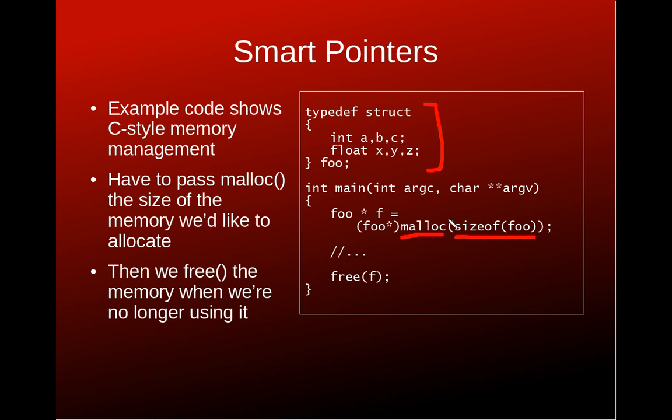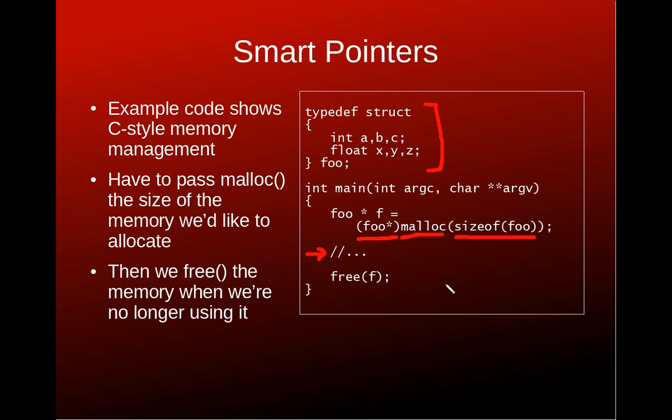And then malloc goes off and allocates that memory. It will return a void star pointing to that memory, so we have to cast it to a pointer type for our object. So then we have some calculation or operation involving our object, and then once we're no longer using it, we have to invoke free and mark that memory as unused.